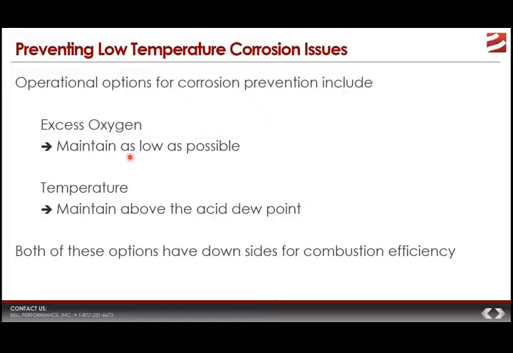So if they can lower the excess oxygen, then there's less oxygen available for that sulfur to combine and form SO2, right? Great. However, you need a certain amount of oxygen in order to drive the combustion process.